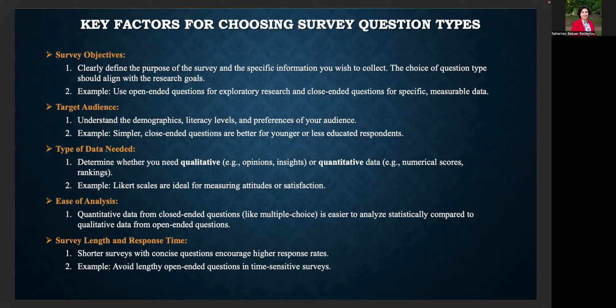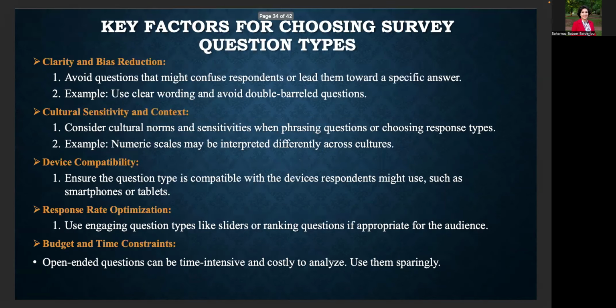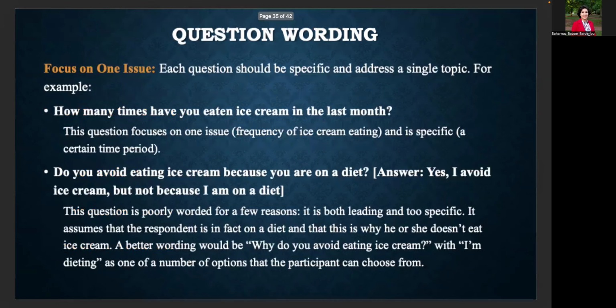And you have some examples for each of them. When choosing question types, consider the survey's objectives, the type of data needed, the audience, and the ease of analysis. Match the question format to the goal.